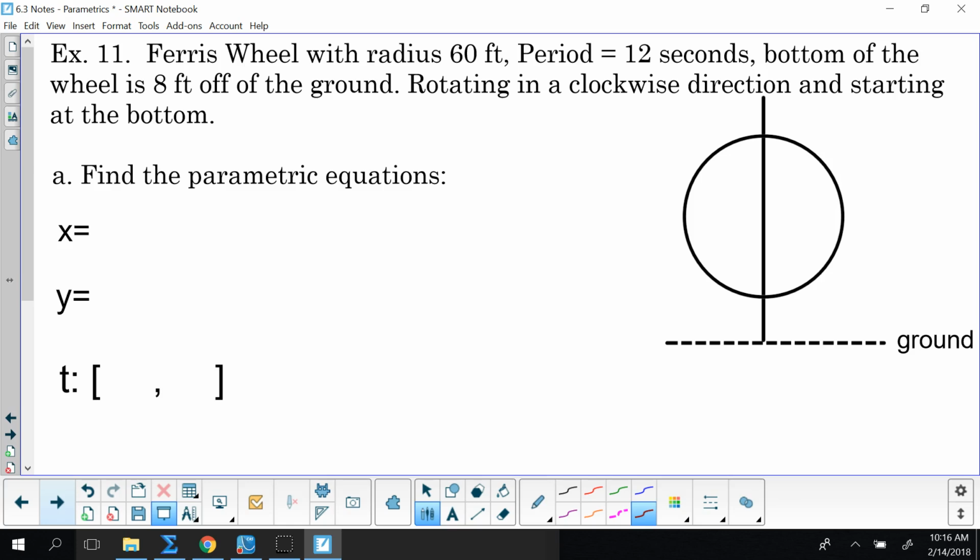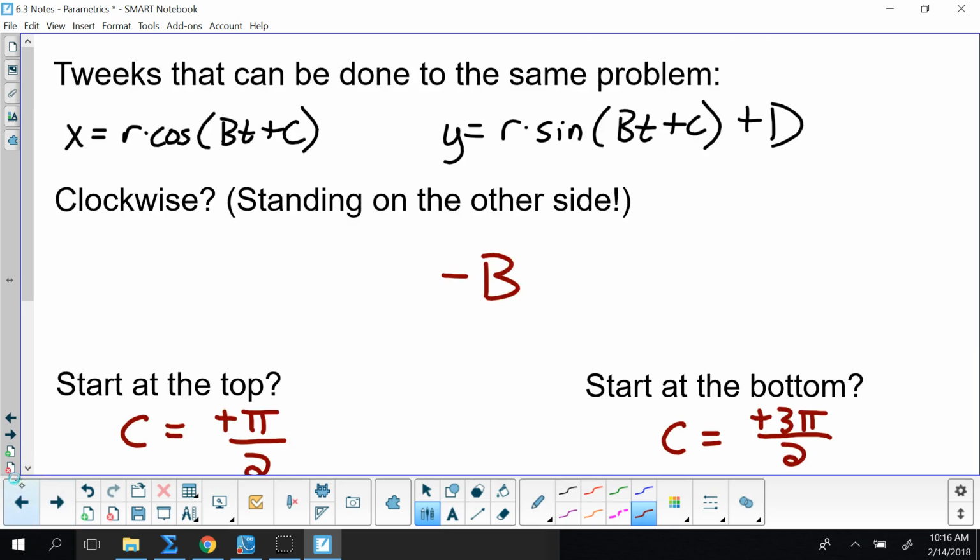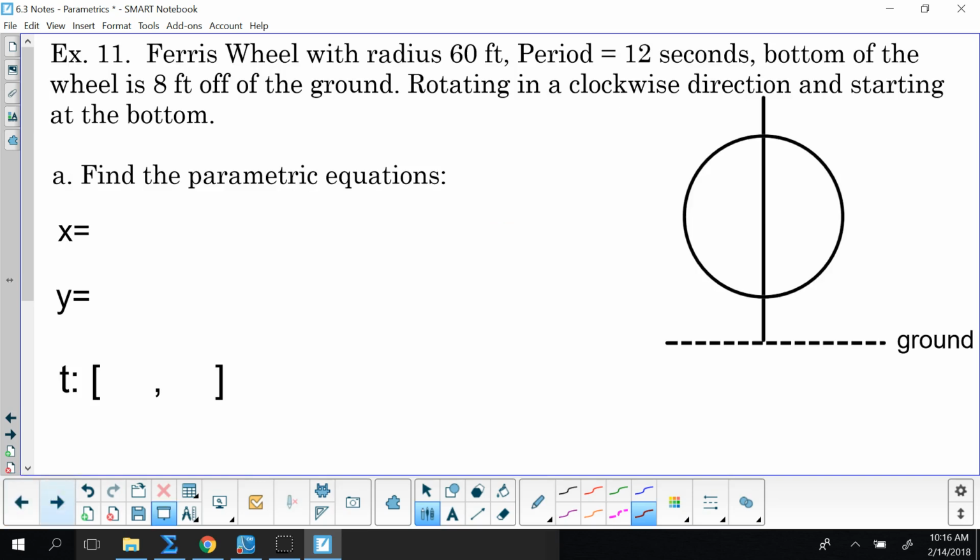Okay? So, we need to make our parametric equations. Now, the equations that we need to make, just so you know, I'm going to go off this slide for 1 second, are these two up here. That's what we need to make based off of this situation. Okay? So, both of those started with R. Our radius is 60 feet.